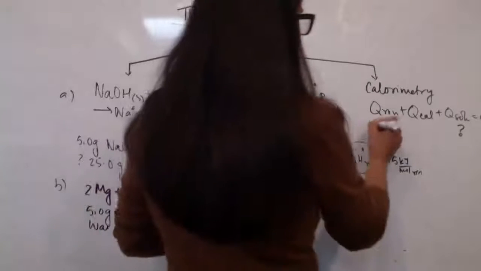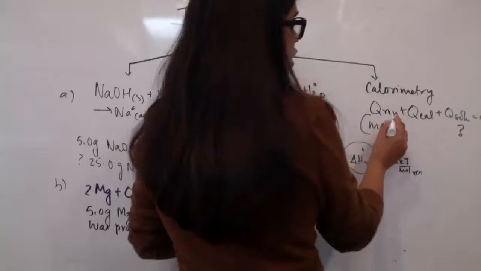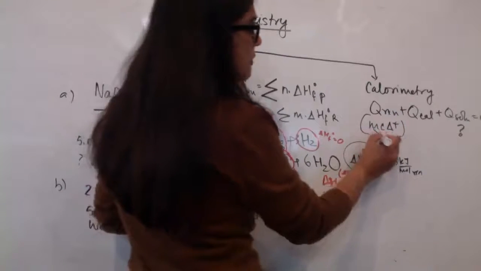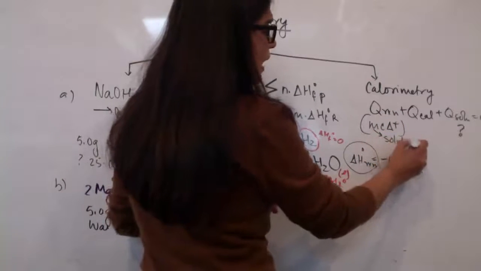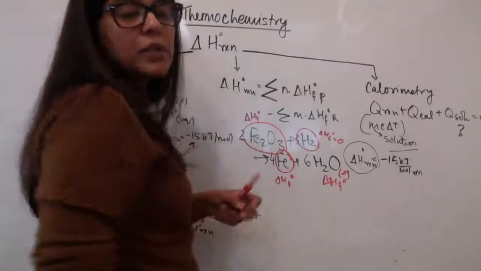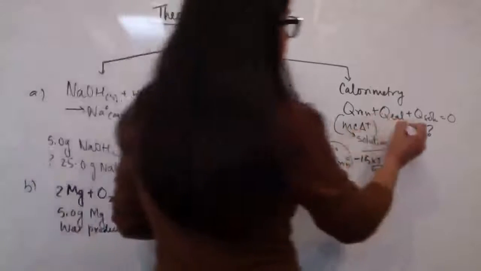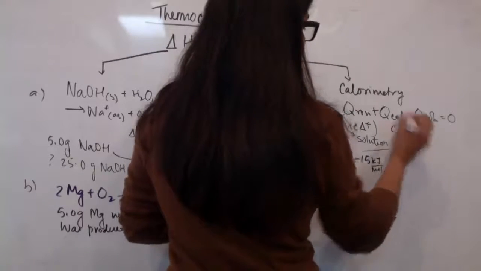Q solution is what we're trying to figure out. Q solution was mC delta T. Remember, if you're talking about dissolving a solid, this mass is of solution, not solute or solvent, but solution. Okay, and Q calorimeter is C times delta T.